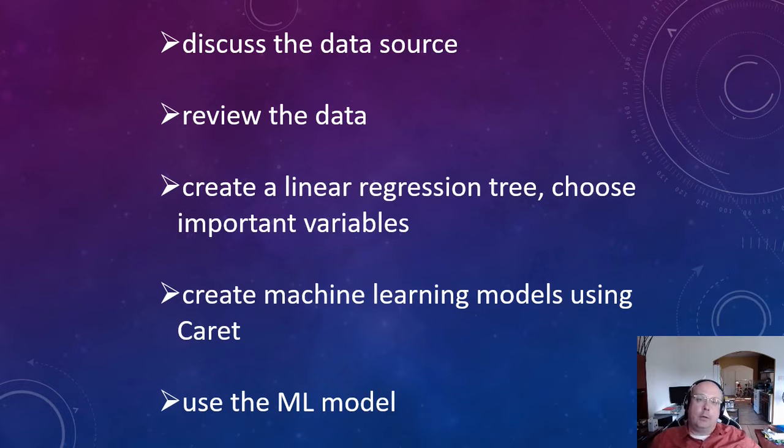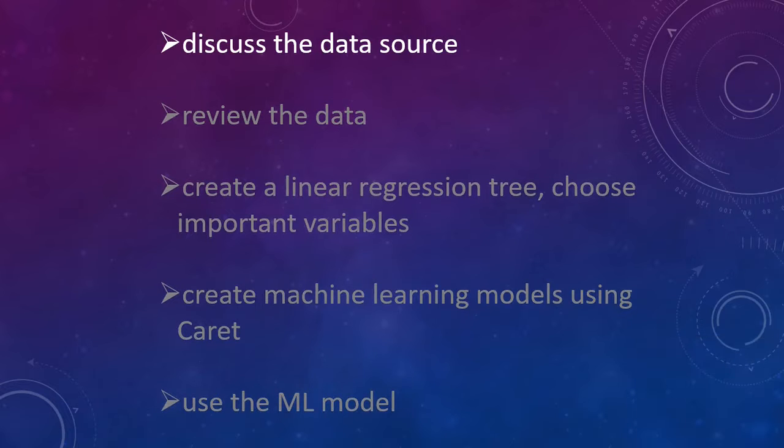We'll use the ensemble learning features of the caret package in R to generate several different models. Then we'll choose the best model and use it to make a value prediction on a hypothetical property.